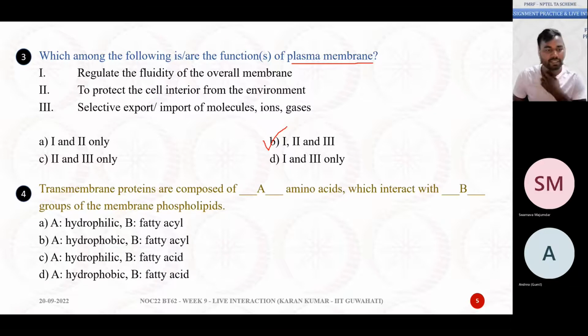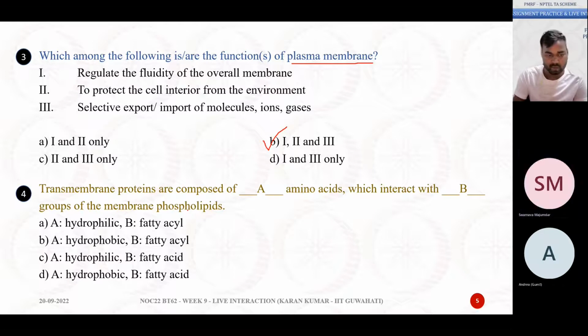Now the next question is, transmembrane proteins are composed of dash amino acids which interact with dash groups of membrane phospholipids. Option A, hydrophilic and fatty acyl. Option B, hydrophobic and fatty acyl. Option C, hydrophilic and fatty acid. Option D, hydrophobic and fatty acid. What are A and B in this statement?